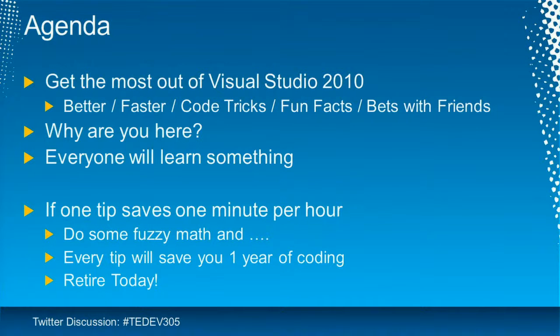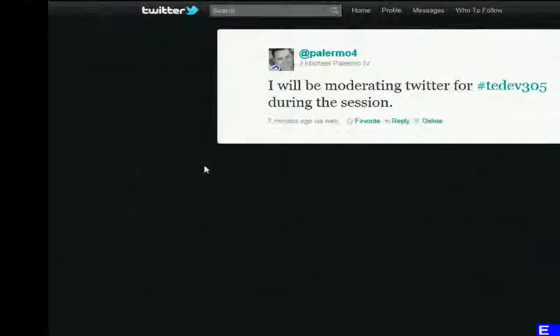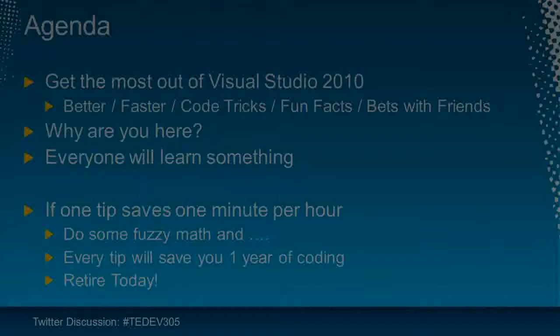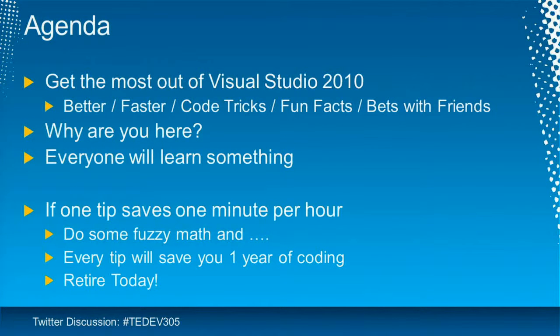If you are a Twitter user and you're using our hash code, we will take a couple of questions and answers during the session. We have a Twitter moderator who's going to help us read those questions while we're doing the demos, and then we'll flip over. If you are not a Twitter user, there are mics in the aisles, and during the transitions, we'll try to take one or two questions if we can.